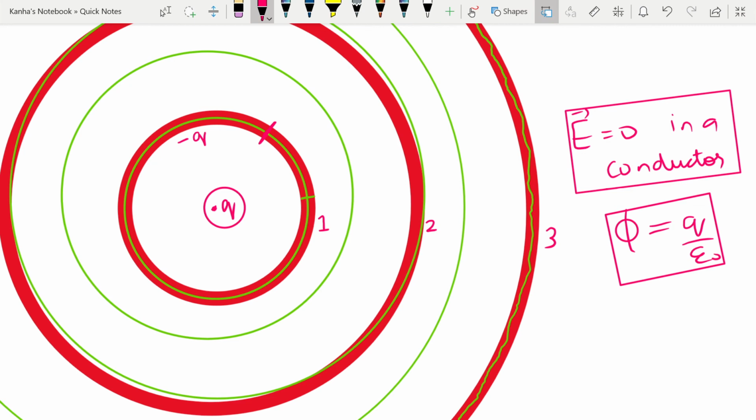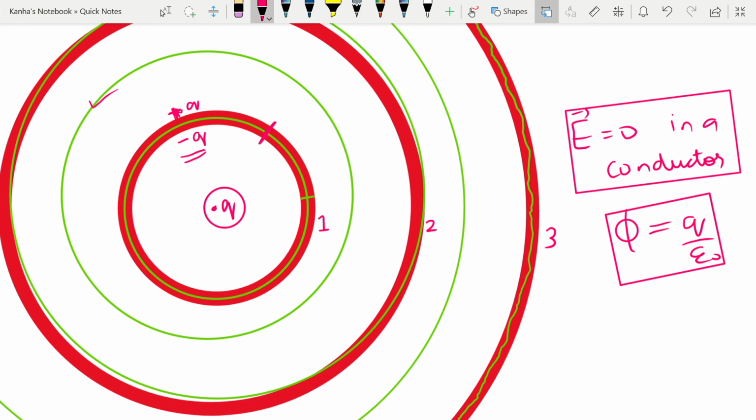Let's look at another field here. Because we have induced a minus q charge on the surface itself, there should be charge conservation, so there will be a plus q charge here.